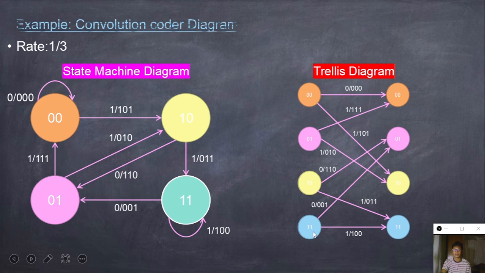Lastly, 1 1 goes to 1 1, repeating itself, because the current state is 1 1 and the next state is 1 1.